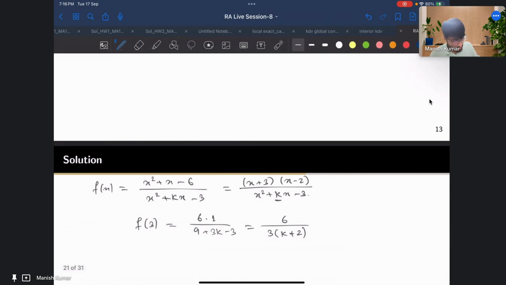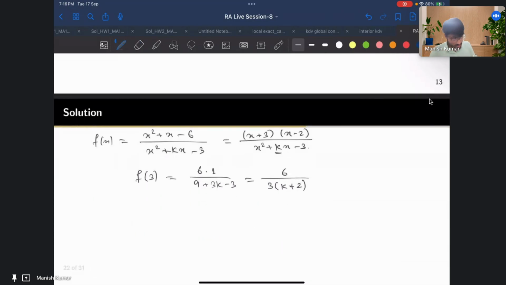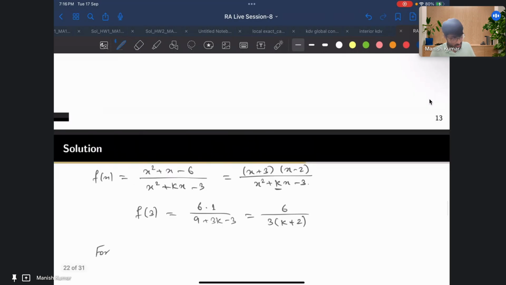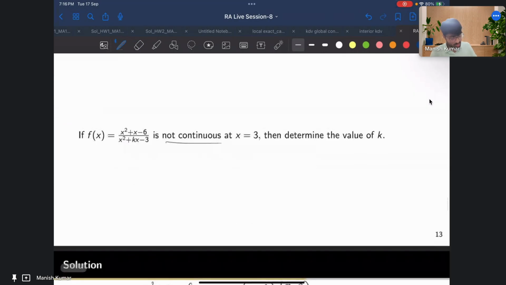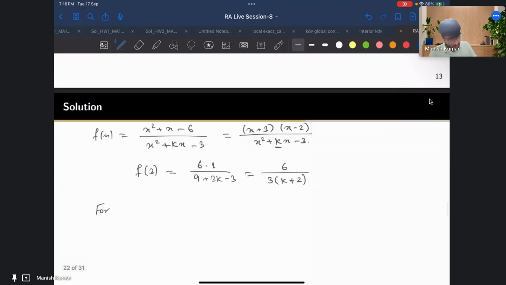So now for f to be continuous, like here, what do you want? It's not continuous if I take k equal to minus 2, then f of 3 is not defined, right?